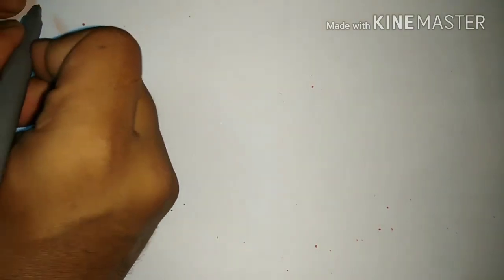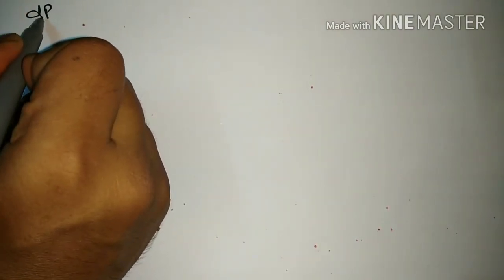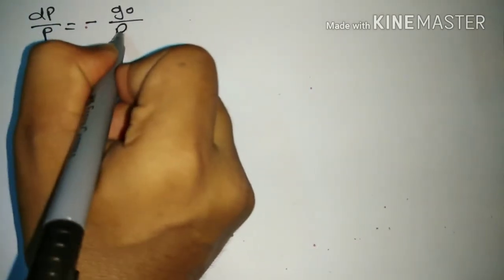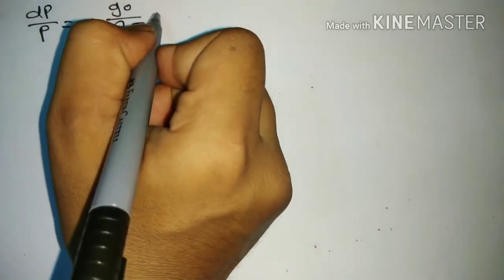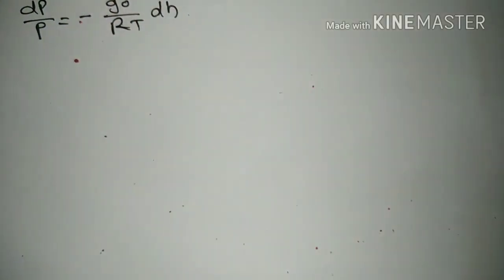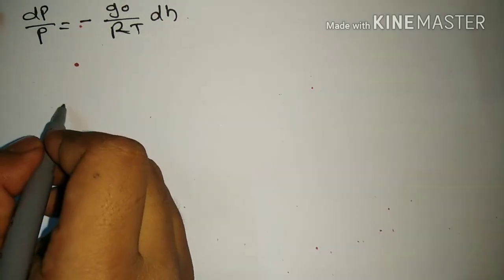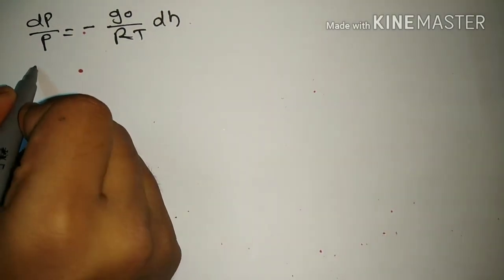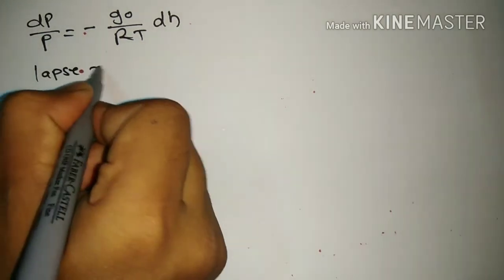But for the other layer, where the temperature is changing, we have to find it out. So we know the first, general equation: dp by p is equal to minus g0 by RT dh. This is the general equation. We already discussed lapse rate.